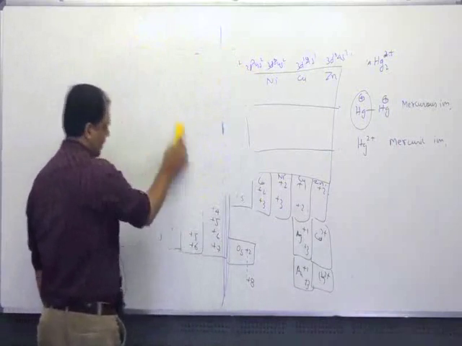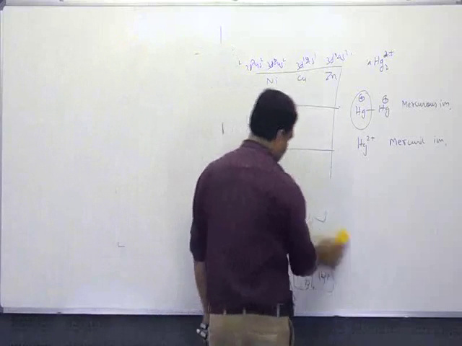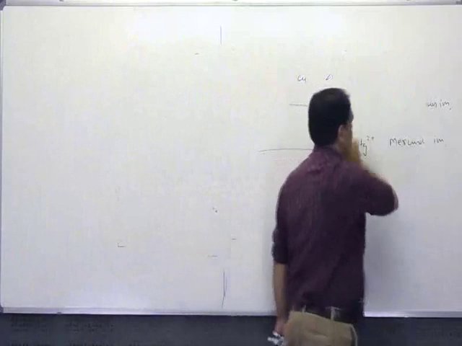Now I will discuss the anionic electrovalency, the permissible anionic electrovalency of some of the anions, and as usual we know that anions are formed by non-metals.